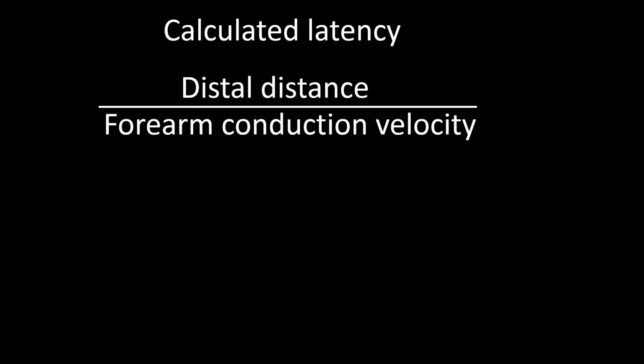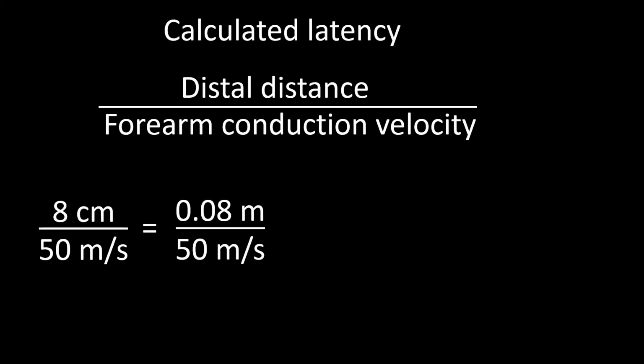The formula to calculate this value is stated in this frame. The distal distance, that is from the cathode to the E1 electrode, is divided by the forearm conduction velocity. So in this question, the distal distance is 8 centimeters and the forearm conduction is 50 meters per second.